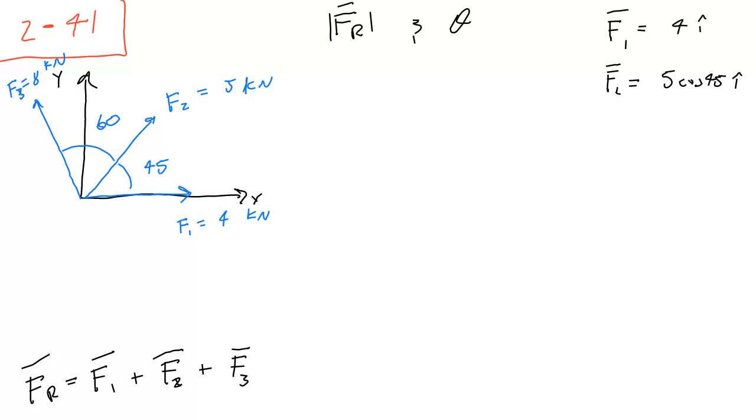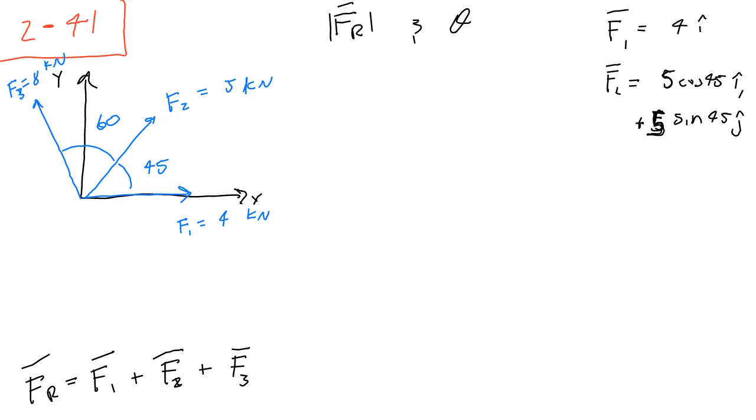That's the X component. Well, and it has a Y component, right? So 5 sine 45 J.